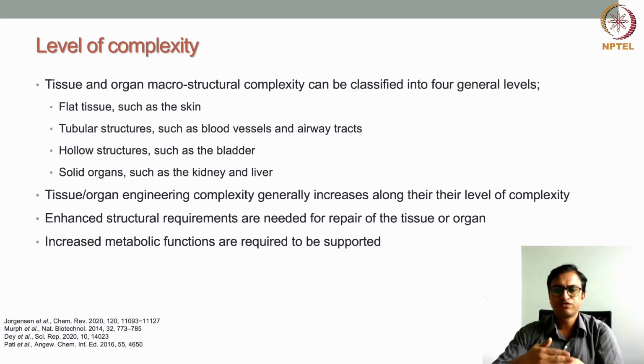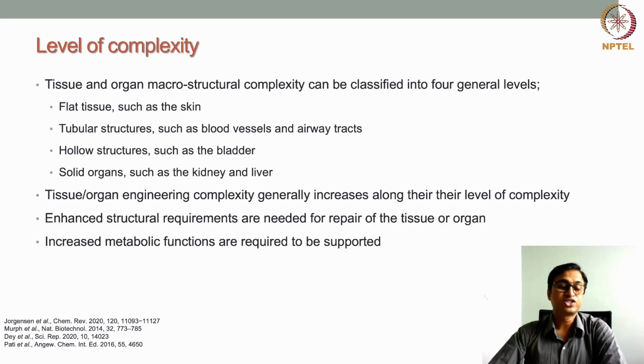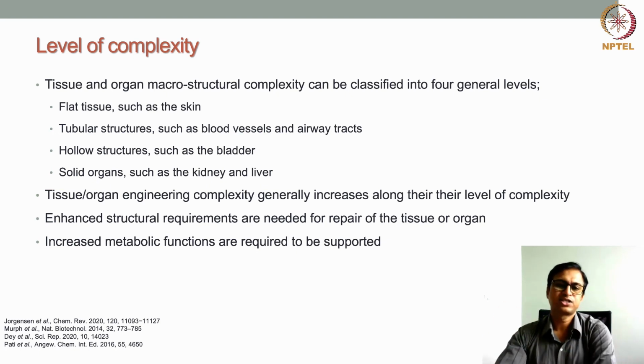And if you go from low to high level of complexity, then the structural requirement also increases with the increase in the level of complexity. That means enhanced structural requirements are needed for repair of tissue or organ of higher structural order.